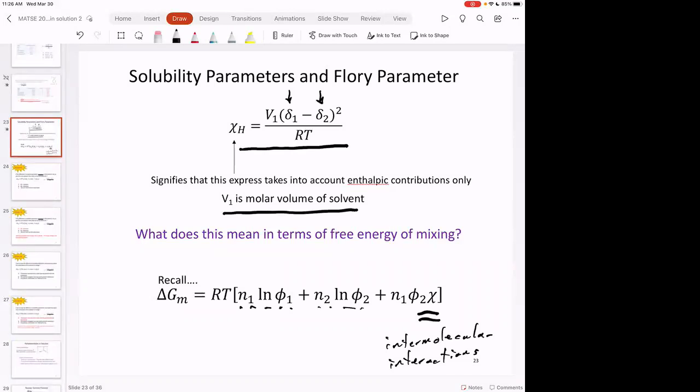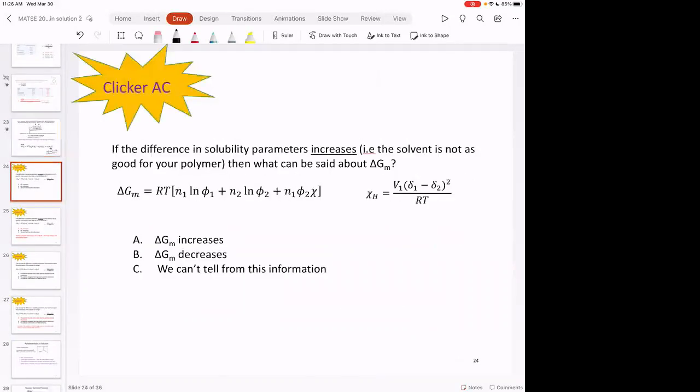All right, let's see, what do we have next? I think we covered that last time. That one's easy. If the difference in solubility parameter increases, the solvent is not as good for your polymer. We know that delta G mixing is going up, right?